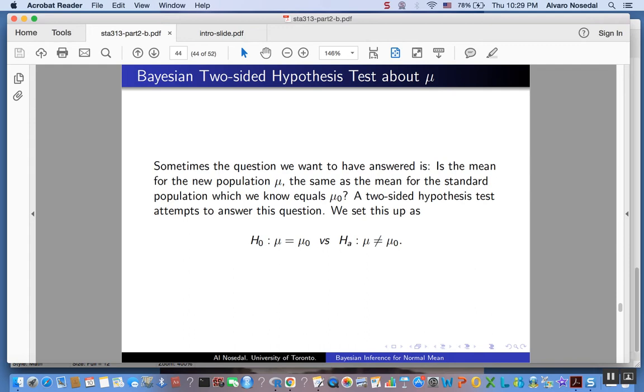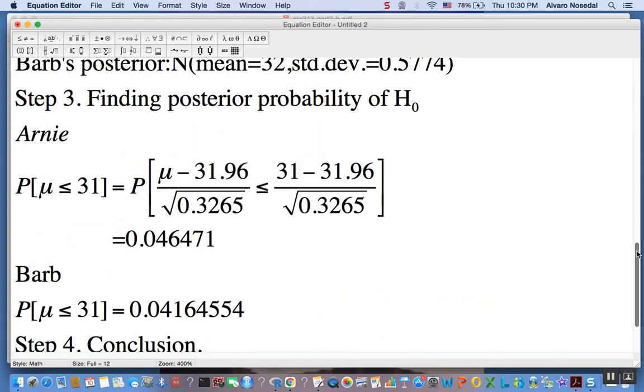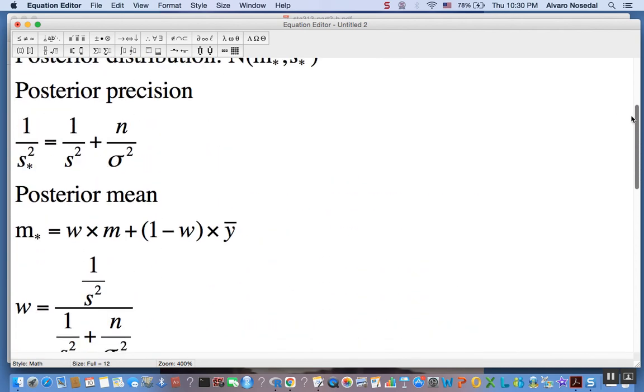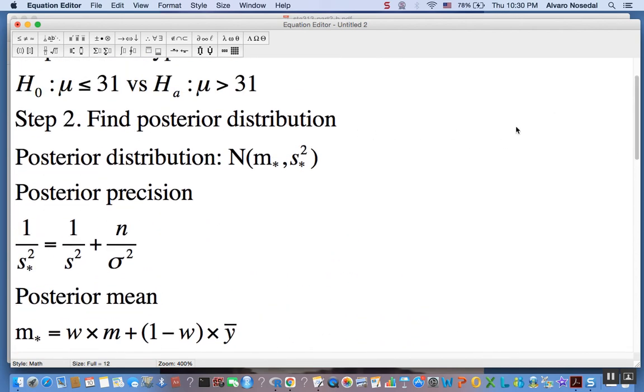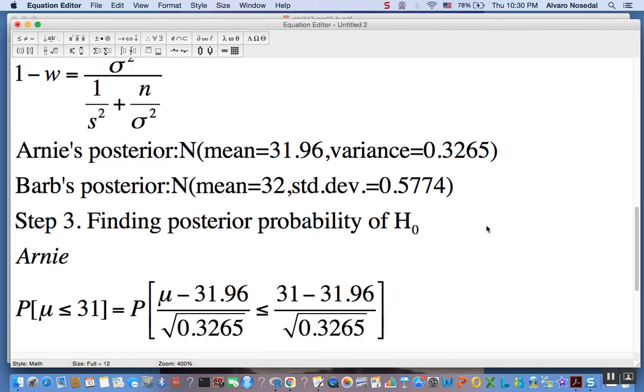Well, first what you have to recall is that in this four-step procedure that we described here, you find your posterior distribution here, step 2, and then step 3, you find the posterior probability of H naught.